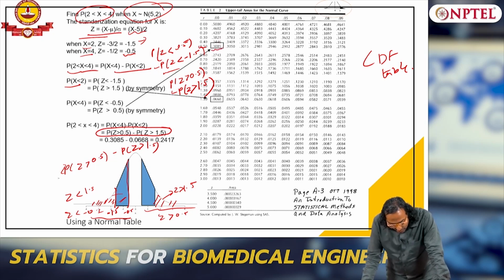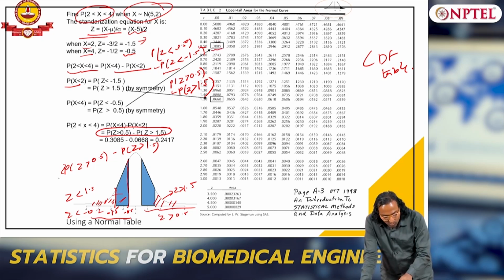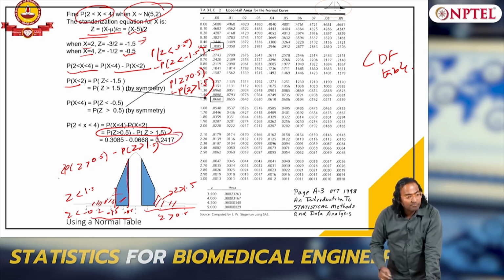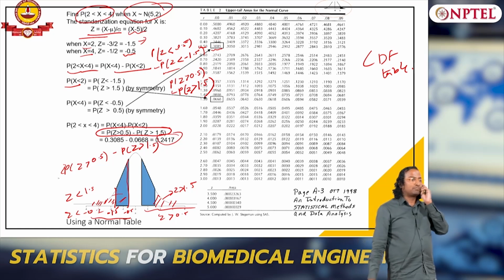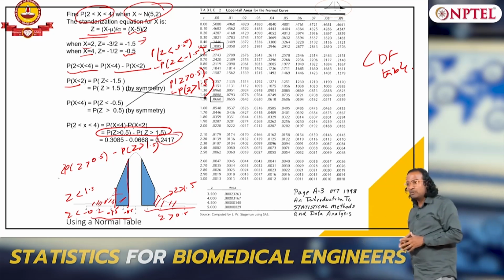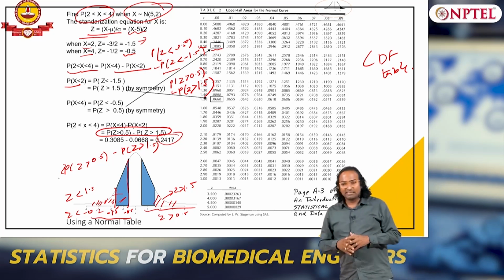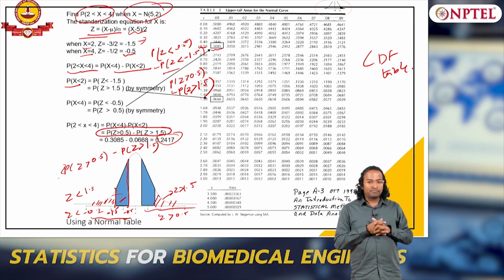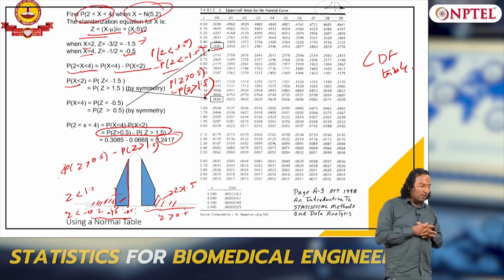And what is z greater than 1.5? Look at 1.5 in the CDF: 0.0668. Then subtract both, and you will get the area. So, you see how to use the table. This is a CDF table. Clear? With that note, we will stop for today.